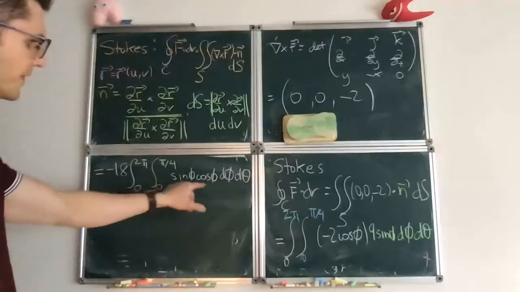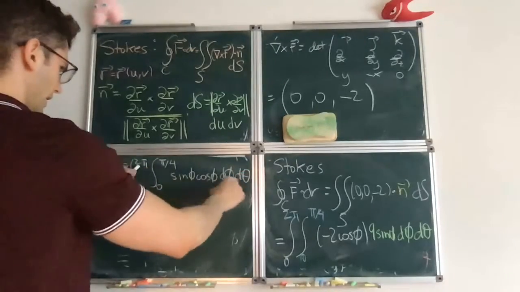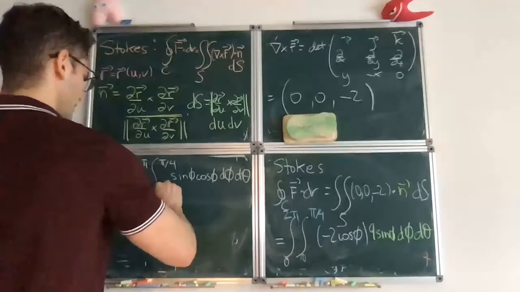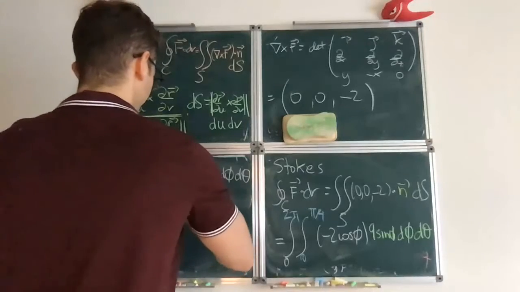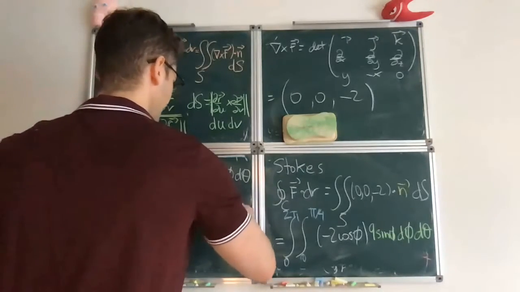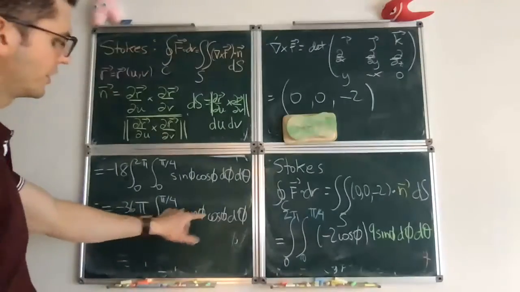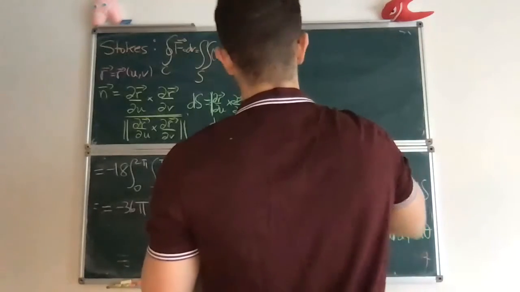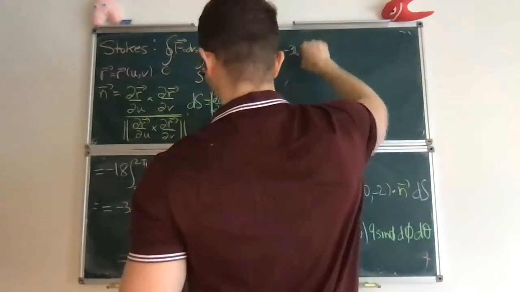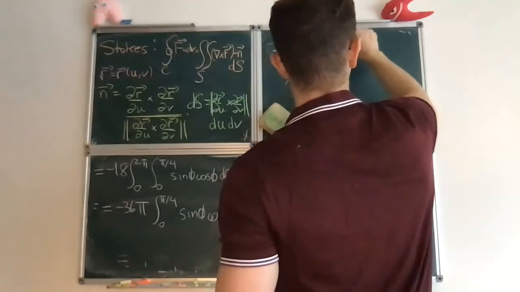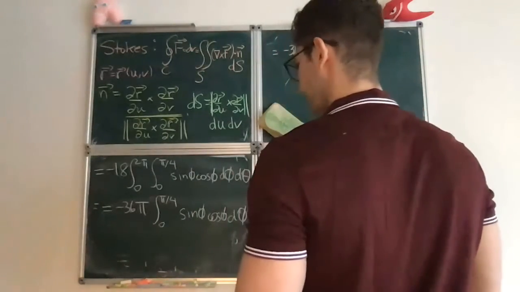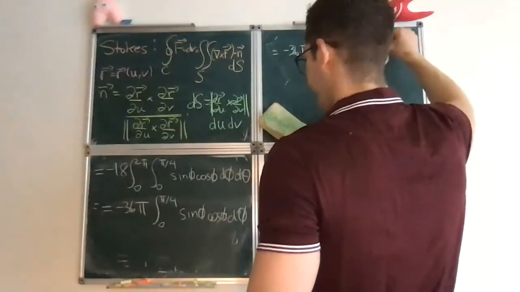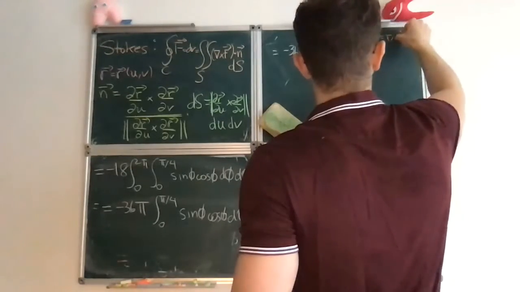Again, there's nothing involving theta inside, so you can just do the exterior integral already, and this gives you negative 36 pi times the integral from 0 to pi over 4 of sine of phi cosine of phi d phi. And again, you can make a substitution like u equals sine of phi, and this gives you sine squared of phi over 2, evaluated when phi equals pi over 4 and phi equals 0.